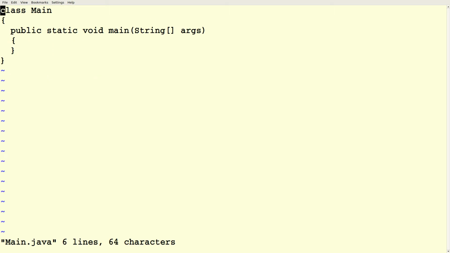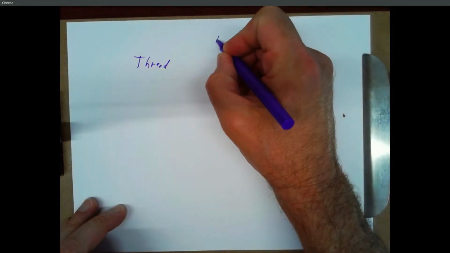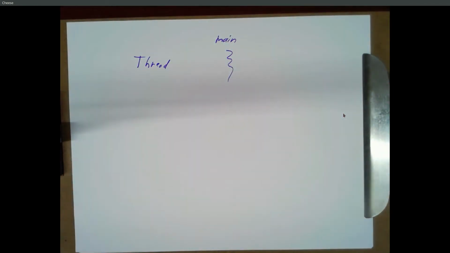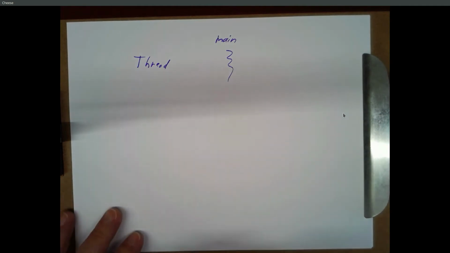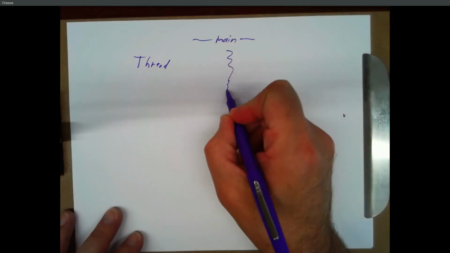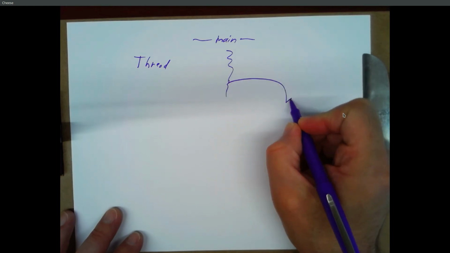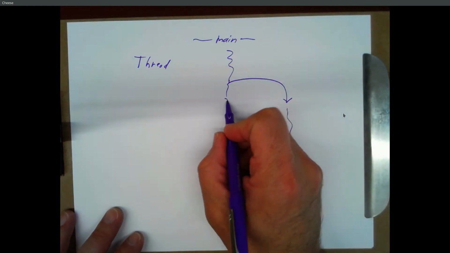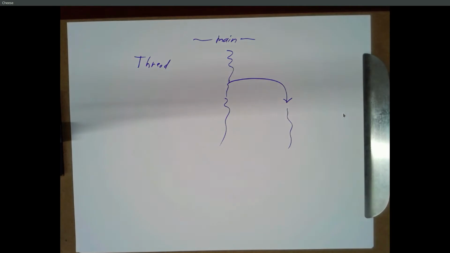All right, so I'm going to put all of my classes inside one file, just so we don't have to keep switching back and forth between windows. Our goal is to start off our public static void main(String[] args) executing. At some point, it's going to create a new thread and cause that to start executing, and it should be executing at the same time that our main thread is also executing.